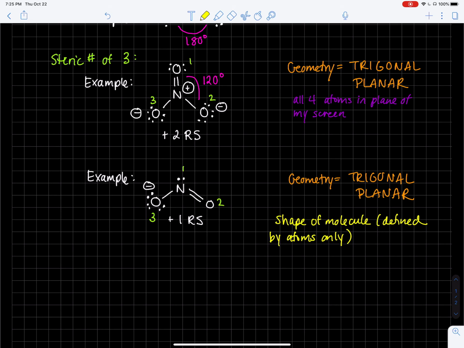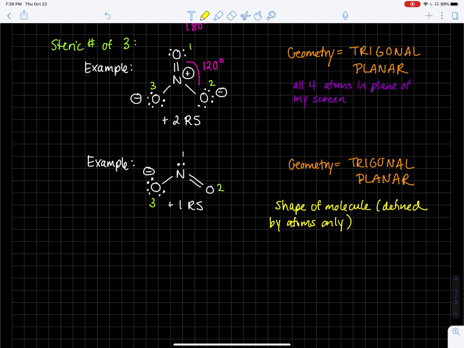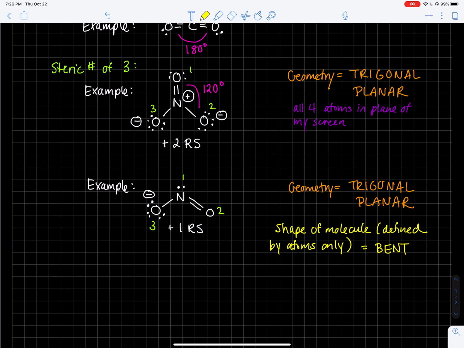And as I said up top with the linear one, there are 2 choices when you have 3 atoms in a row. They can be linear, like up there, or like this one, they can be bent. Okay? So a molecule like this that has a steric number of 3 with 1 lone pair and 2 atoms, it has a trigonal planar geometry around the nitrogen, but the shape of the molecule is bent.